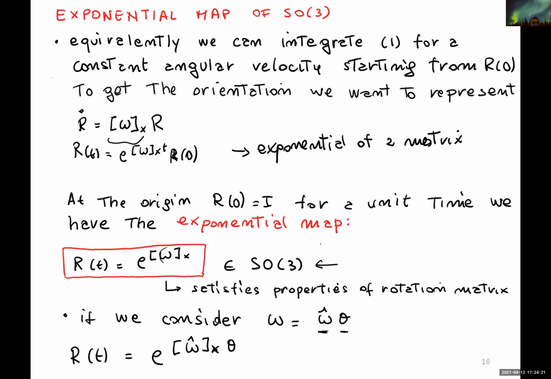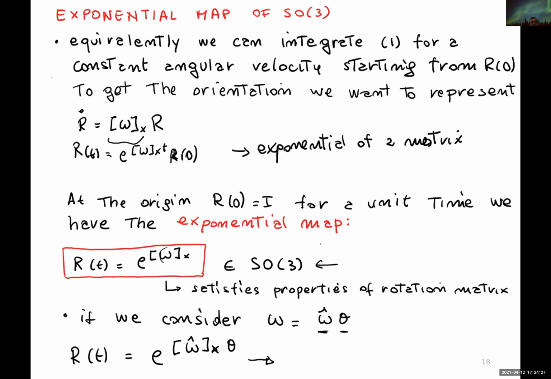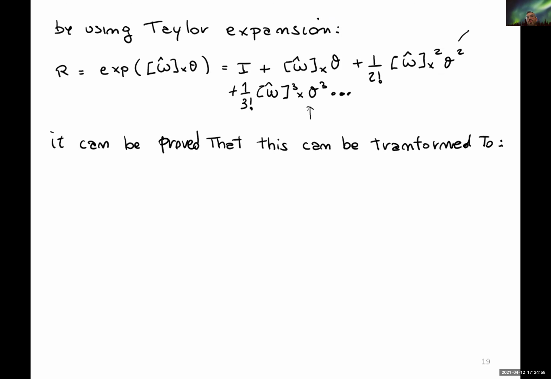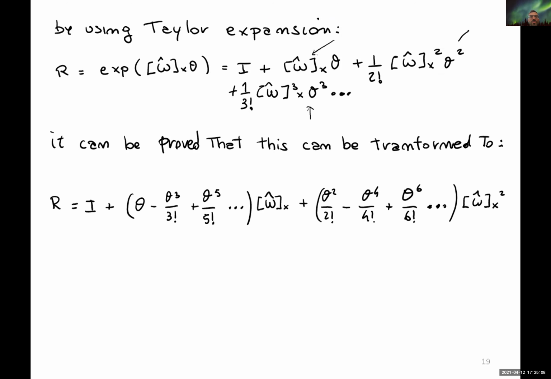So if we get this expression, we don't know how to deal with an exponential of a matrix, but we can do a Taylor expansion of it, the same as for a scalar exponential, and this has this relationship where you have the linear term, the quadratic term, and the cubic, and so on. But it can be proved, I don't do it here, that this Taylor expansion, with the specific properties of the skew-symmetric matrix, can be transformed into something like this.